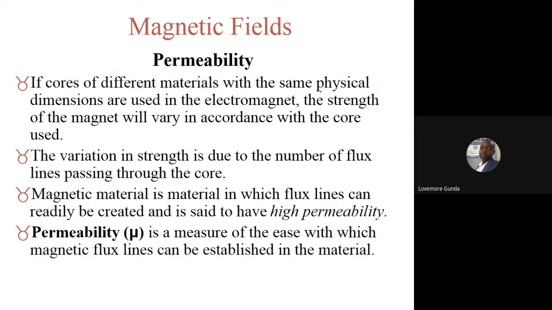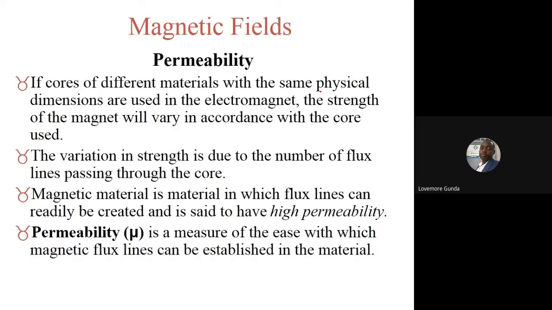Then we go on to permeability. Remember, in electric circuits, we talked about permittivity. In magnetic circuits, we talk about permeability. So, you realize that if you use different cores for your solenoid, for example, and you use the same current and the same number of turns, the strength of the magnetic field becomes different.